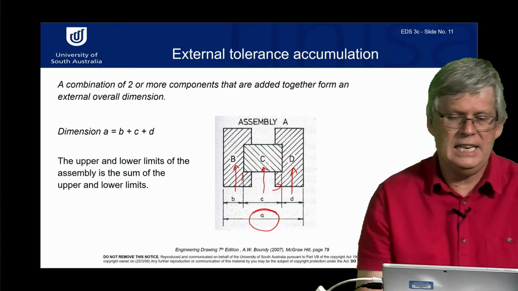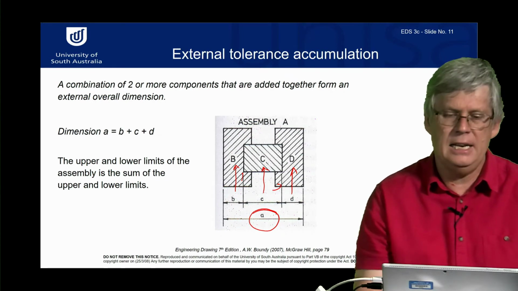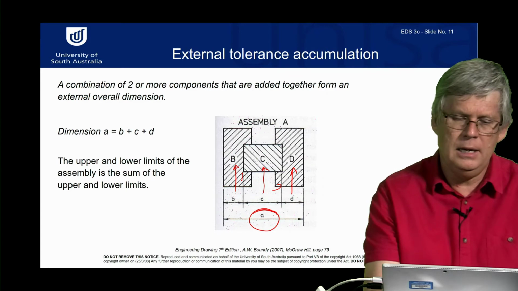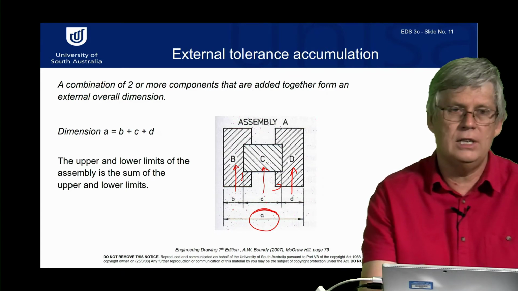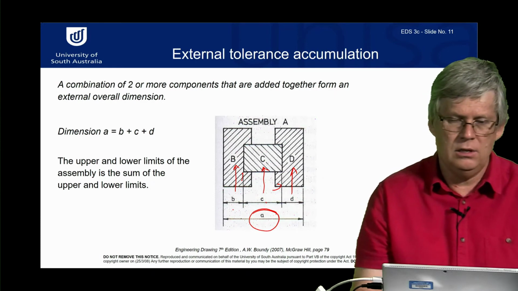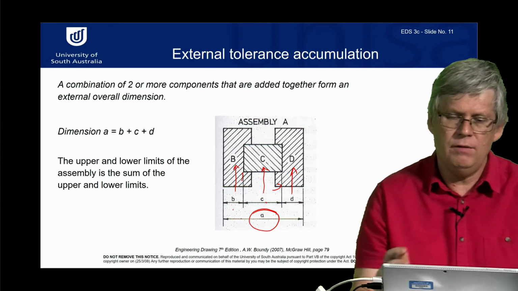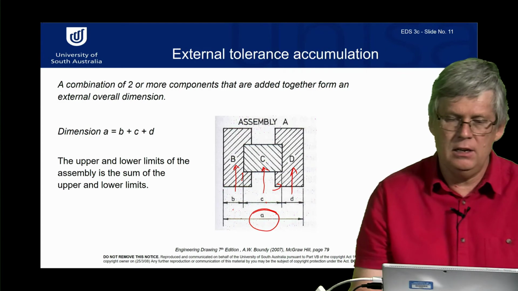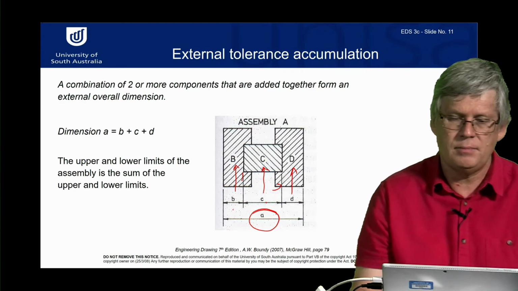So what we're interested in is what is the variation in A, given that B has tolerances, C has tolerances, and D has tolerances. What are those total tolerances? So for A, it's actually the sum of the individual tolerances.